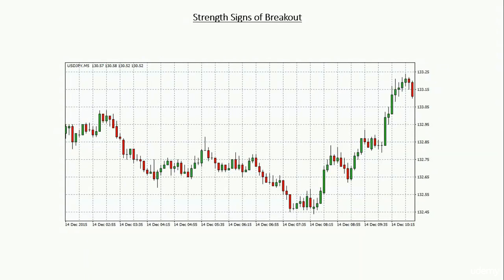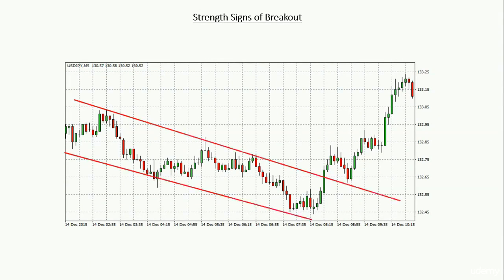This is an example of a successful bull breakout through a downside channel trend line. The resistance line of this channel was broken by these strong bull bars. But if you are a conservative trader like me, you will wait for another confirmation, which is typically a pullback reversal signal, which came later here.